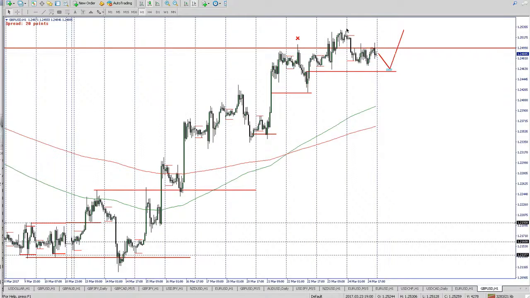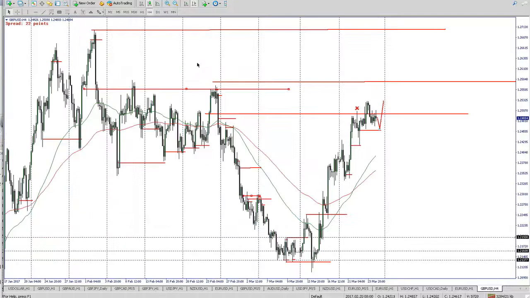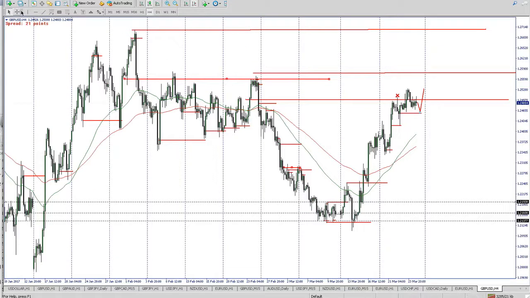Yeah, 70 pips taking out these stops. Then we probably consolidate again and hopefully continue to take out these stops.